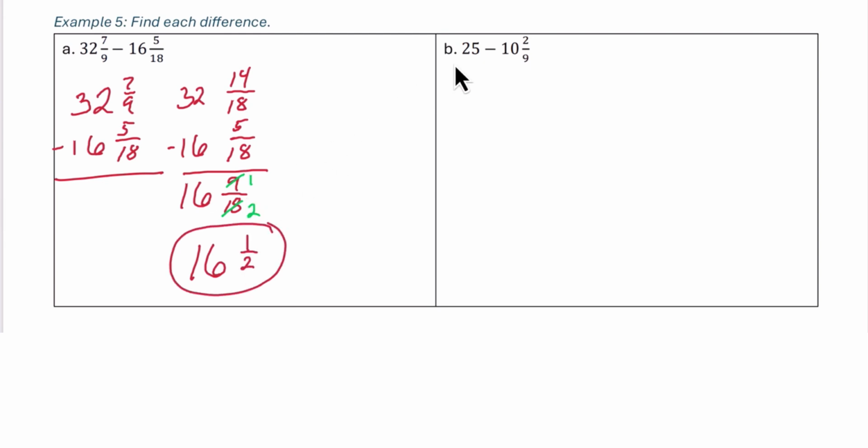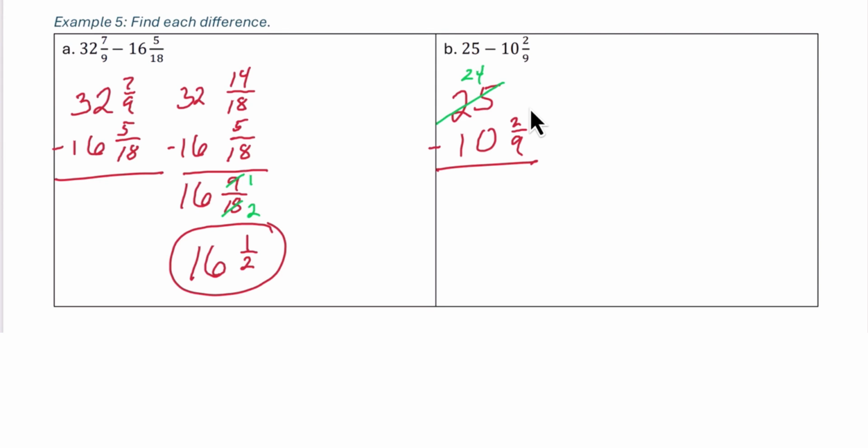And now 25 minus 10 and 2/9. In order to subtract fractions, we need a common denominator. But notice this first number doesn't have a fraction. So what we're going to do is borrow a 1 from the 25 and make it 24, and rewrite that 1 that we borrowed as a fraction.